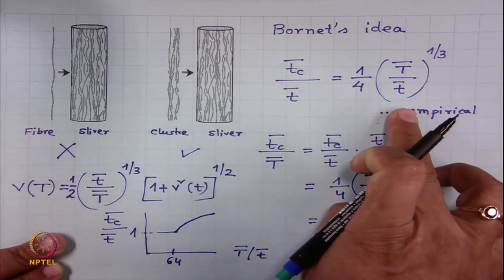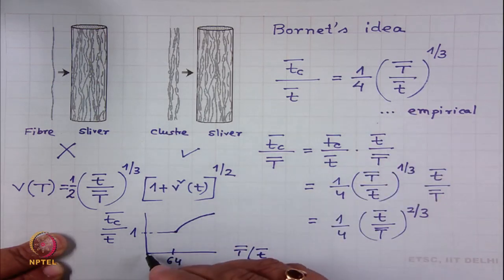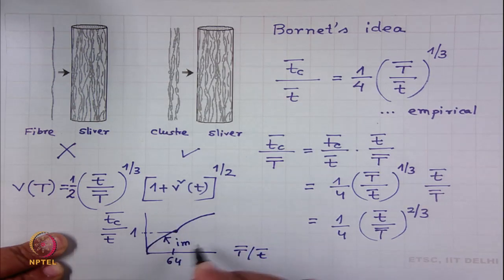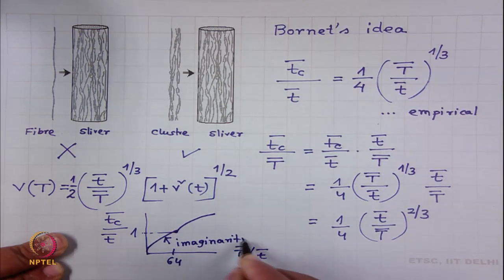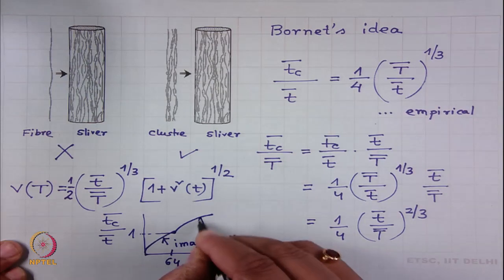If this is less than 64, then this is not possible, because this will be imaginary. The fineness of cluster cannot be less than the fineness of fiber. However, this is the real part.